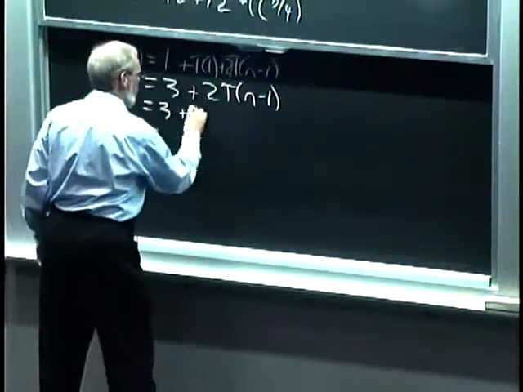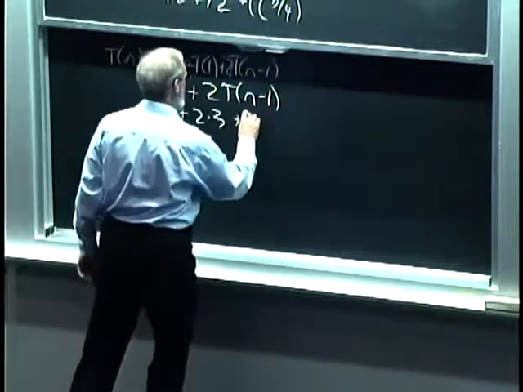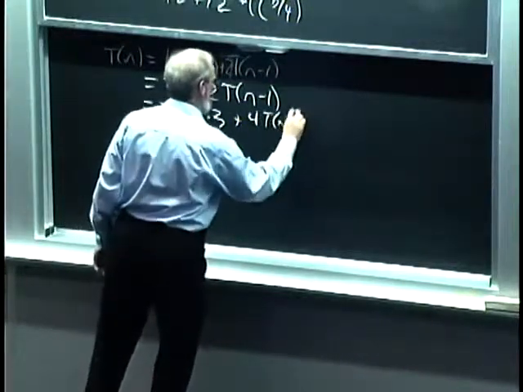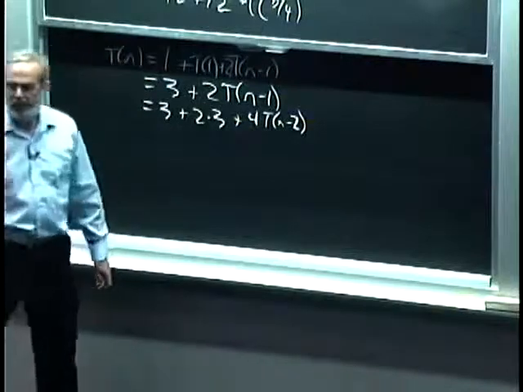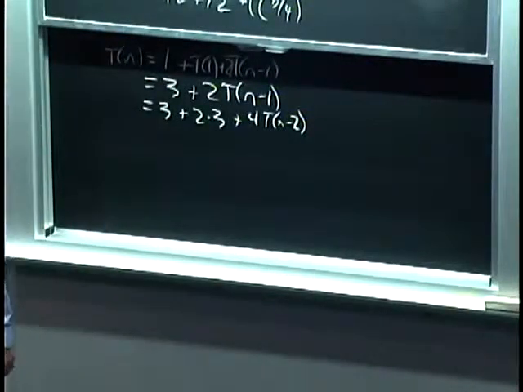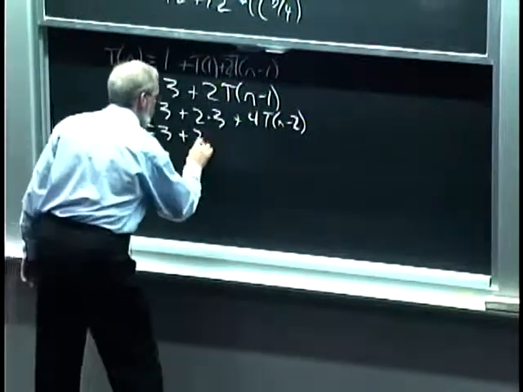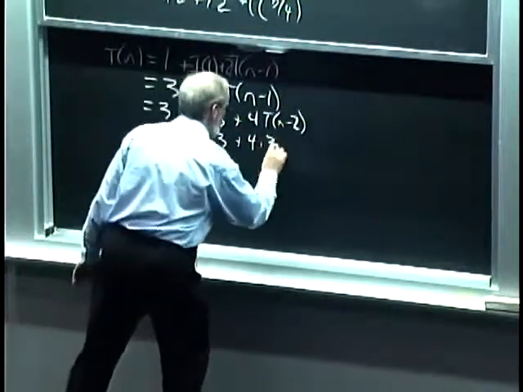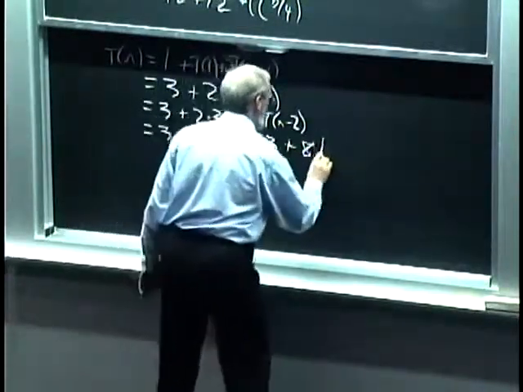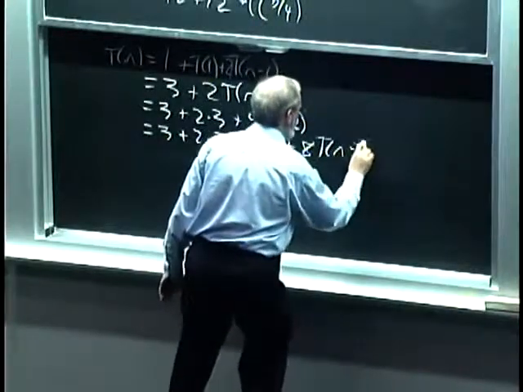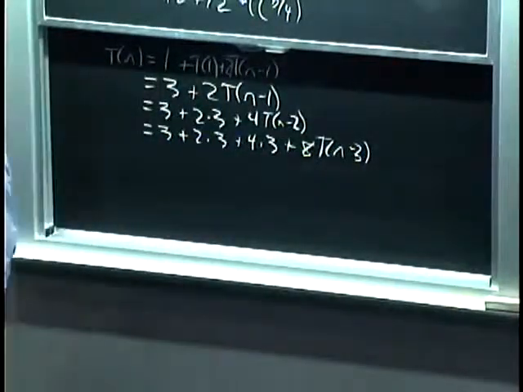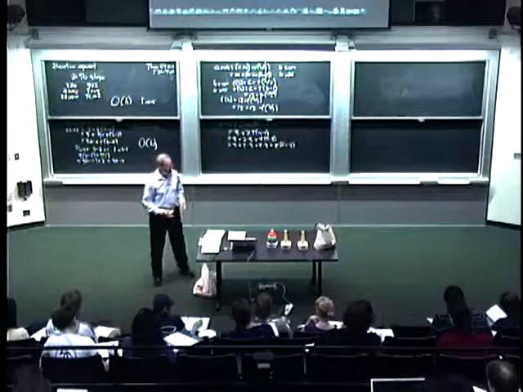So this is 3 plus 2 times 3 plus 4t of n minus 2. And if I substitute it again, I get 3 plus 2 times 3 plus 4 times 3 plus 8t of n minus 3. And this is going by a little fast. I'm just substituting in. I'm going to skip some steps.